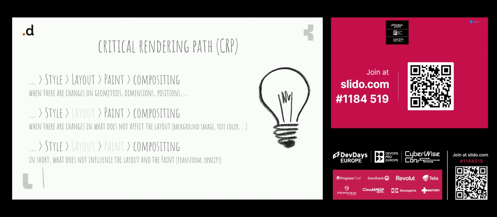You can skip the layout step when the dimensions or positions of each element aren't changed. Okay, for example, if only the color of text changes, the render process probably skips this step. Okay, and it is another very good improvement.